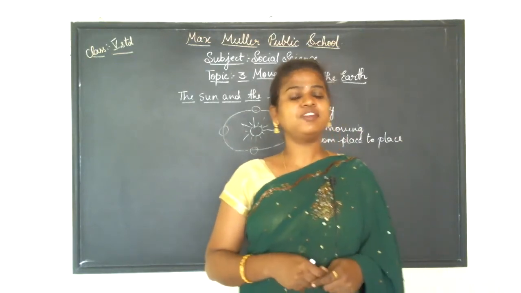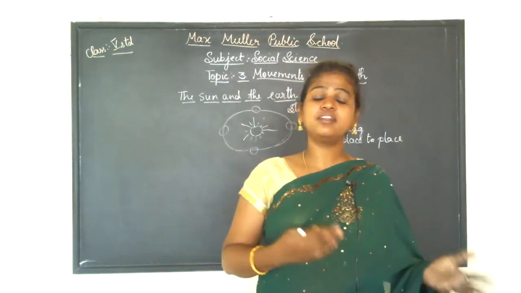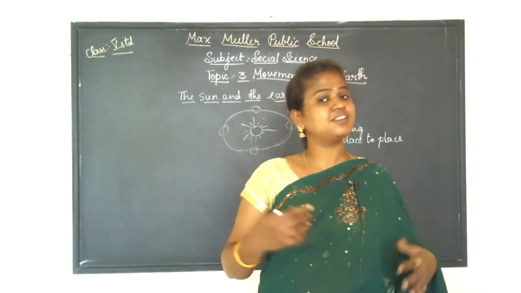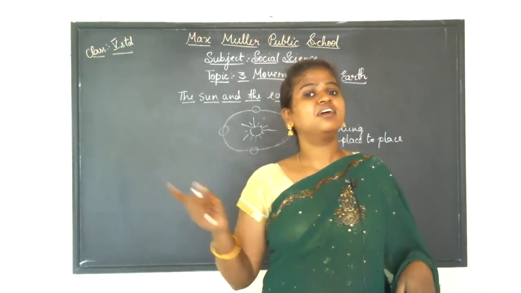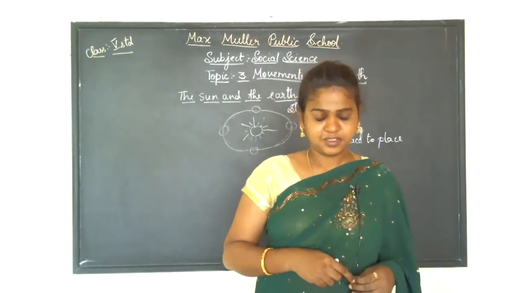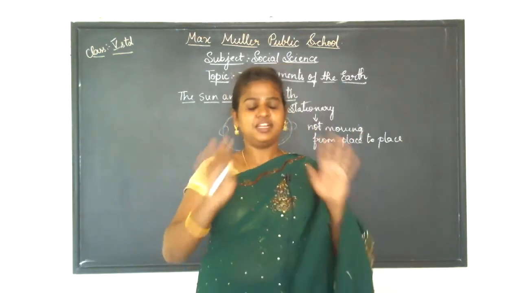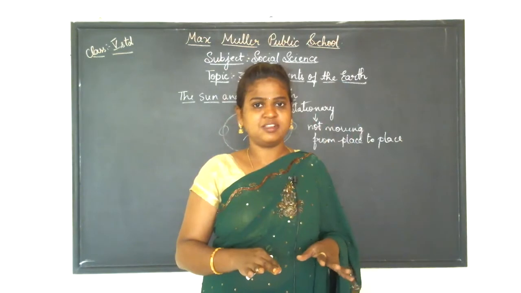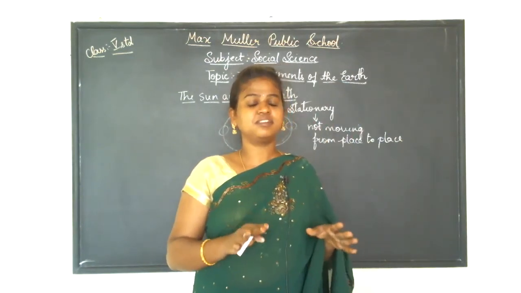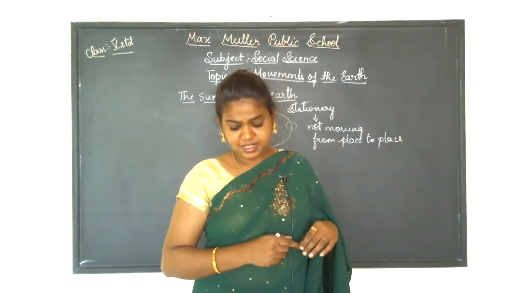So there were some reasons, and some scientists told that the earth is moving around the sun, and some scientists told that the sun is surrounding the earth. So what happens here? Here the sun is stationary. The sun is not moving anywhere. It is in its own place, and the earth is moving around the sun.